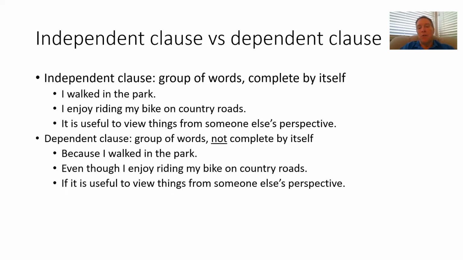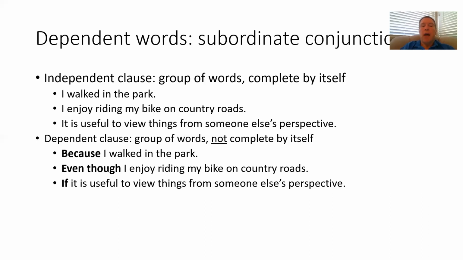If it is useful to view things from someone else's perspective, there's got to be something else. So those are all dependent. They're clauses, they've got a subject and verb, they still have that unit of meaning, but they're not complete by themselves, so they're dependent. You'll notice the only difference between the independent clause and the dependent clause is that first word I put there in each of those dependent clauses: because, even though, and if.